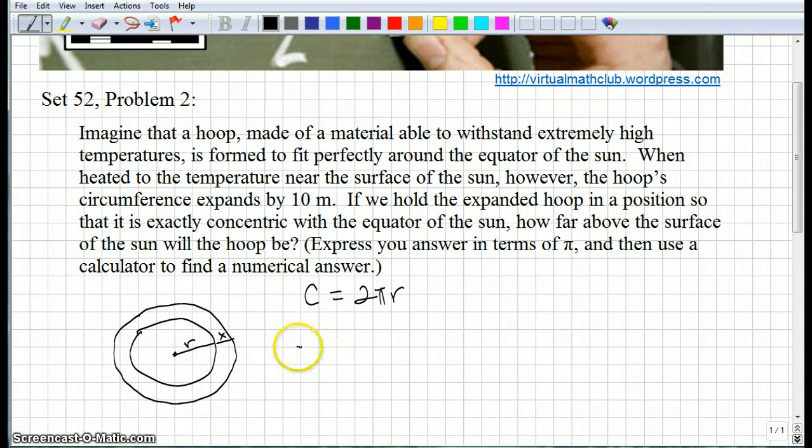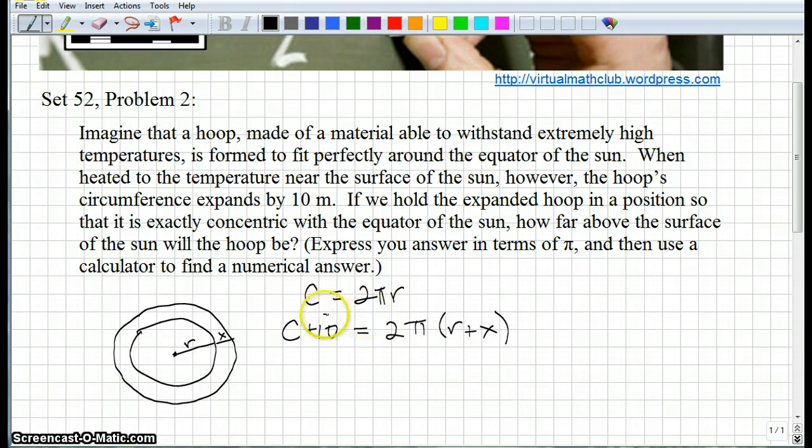And we can also say that the circumference plus 10 meters is now the circumference of the expanded hoop. That is going to be 2 pi times, again, the radius, but in this case the radius of the hoop is r plus x. So 2 pi times r plus x.